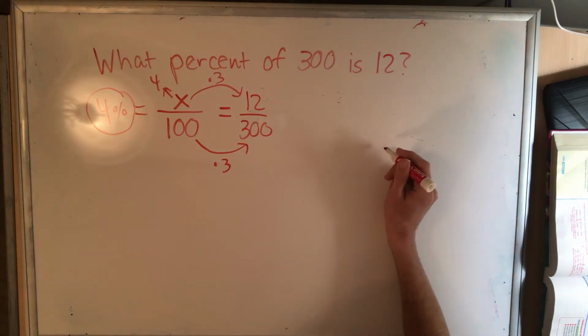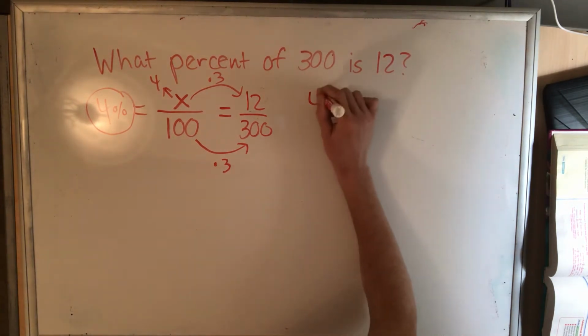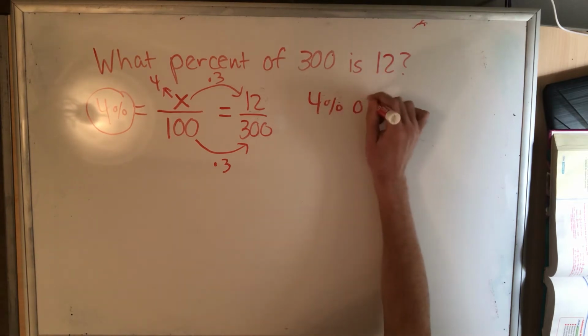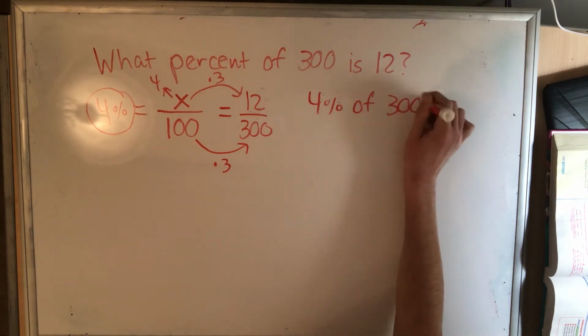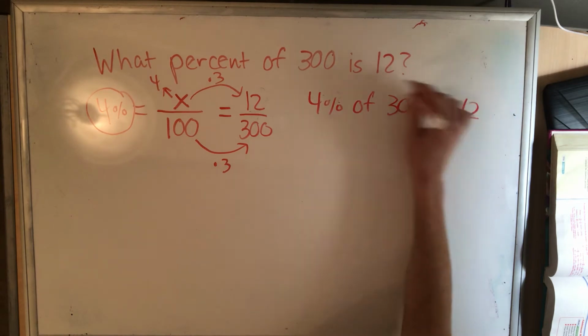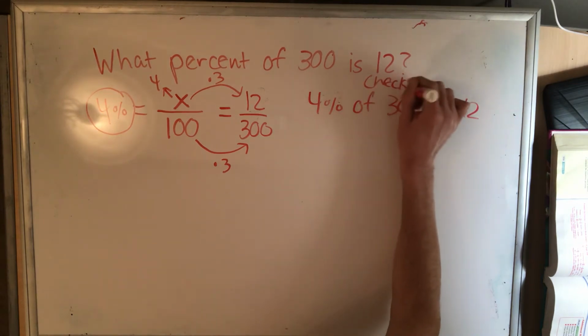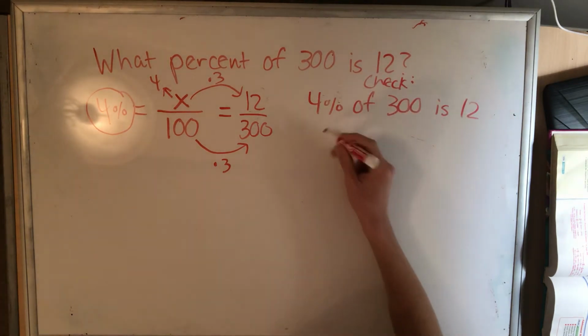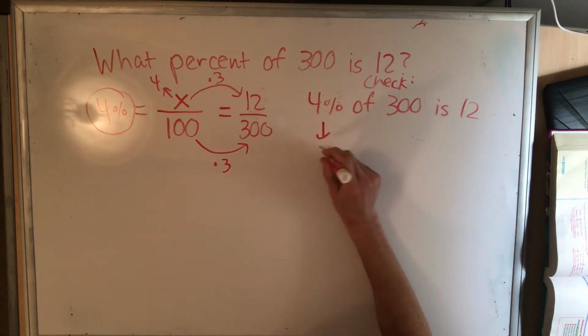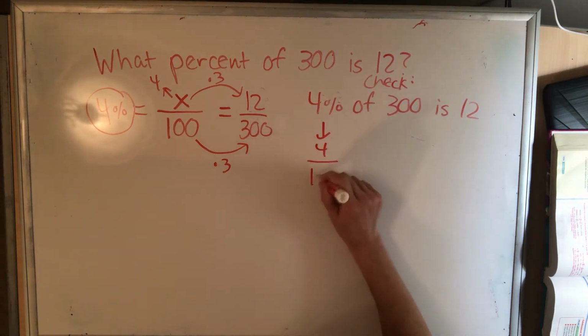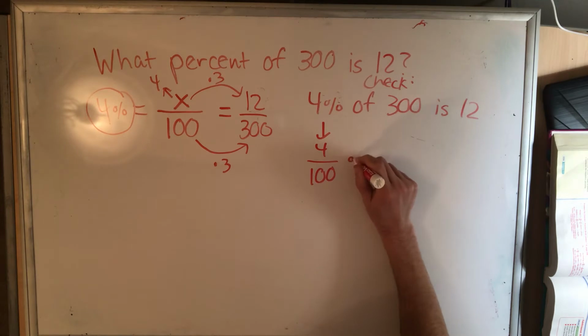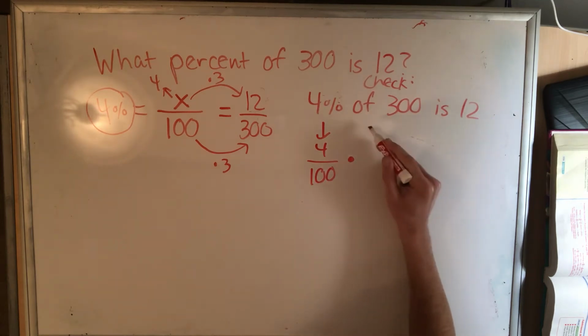Let's check the answer. Let's see if 4% of 300 really is 12. So percent tells us how many hundredths we have, so 4% is equal to 4 over 100. Of before a number is a multiplication. Therefore, of 300 is times 300.